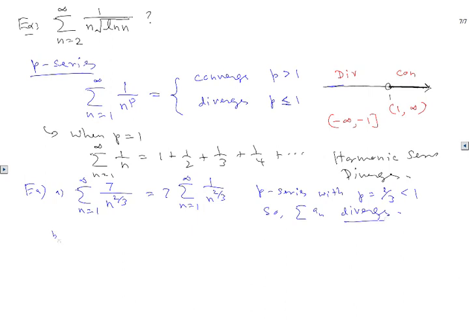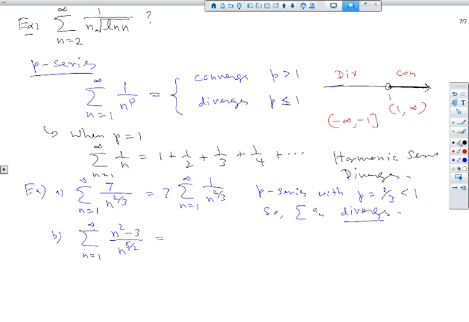So let's do one more. How about this one? Sigma n going from 1 to infinity of (n squared minus 3) over n to the 5/2. If we get something like that, the best thing would be to split this into two series.